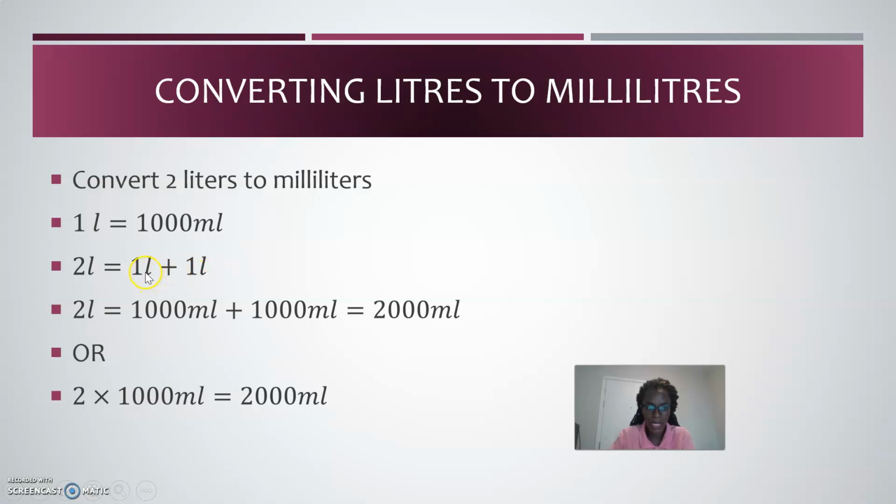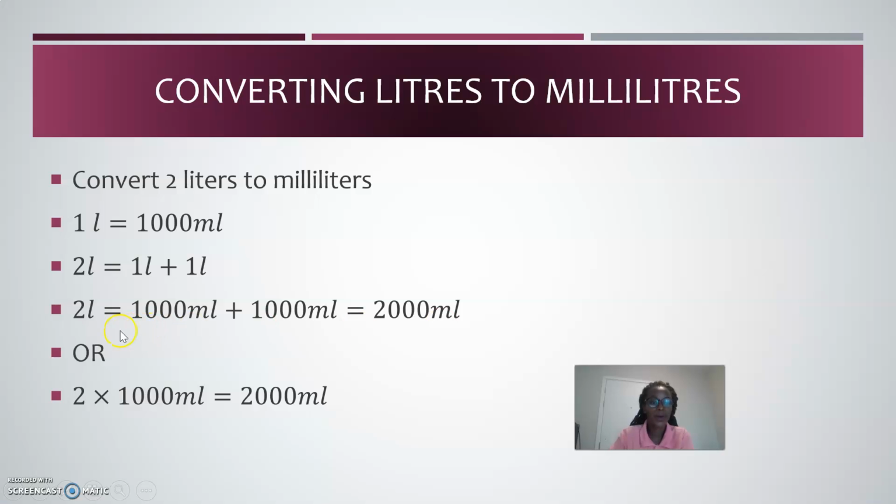So this should be 1 liter plus 1 liter. But you already know that 1 liter is 1,000 milliliters. So this represents that, and this represents that. So therefore 2 liters essentially is 1000 milliliters plus 1000 milliliters, which is 2000 milliliters.